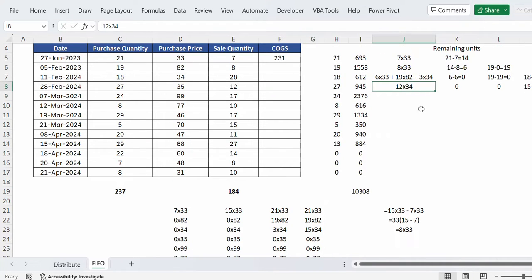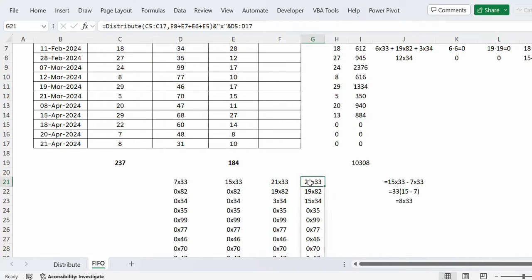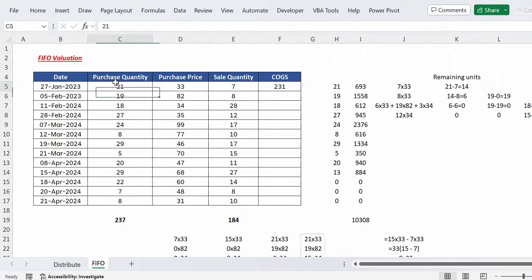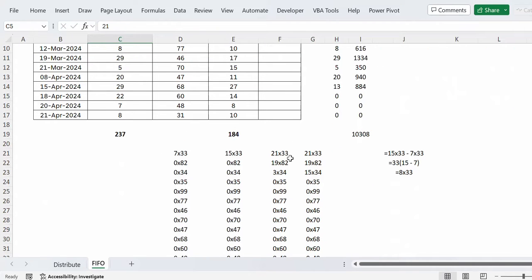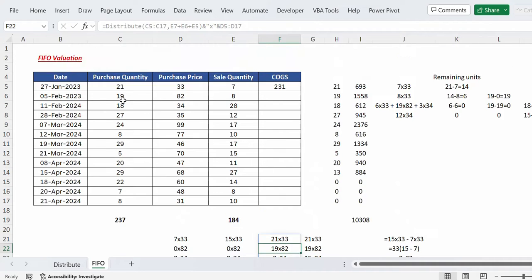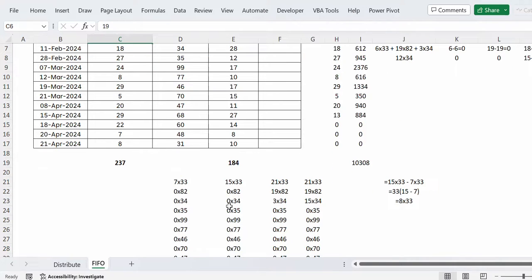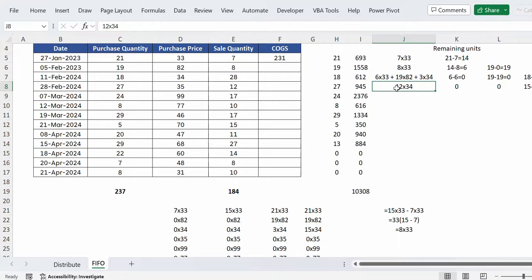And this is exactly what we have because we have remaining units at 0 here. So we are taking 0 units from the first purchase that we made, right? Again, 19 minus 19 is 0 because this is completely occupied at this step only, so we are not taking anything from that. If we see the third step, 15 minus 3 is 12. And this is what we wanted. 12 into 34. So this is how we will get our result, right?